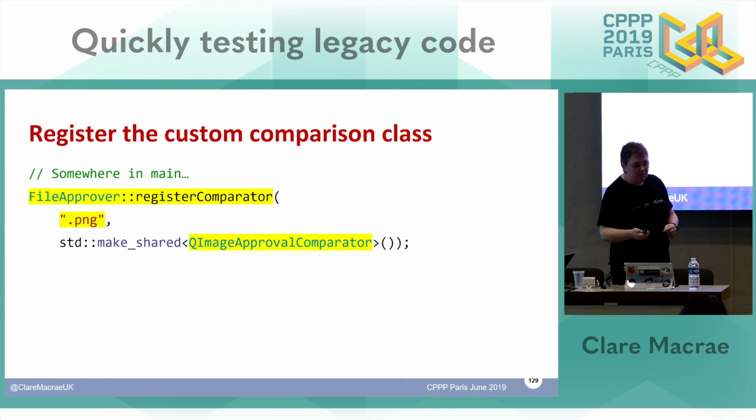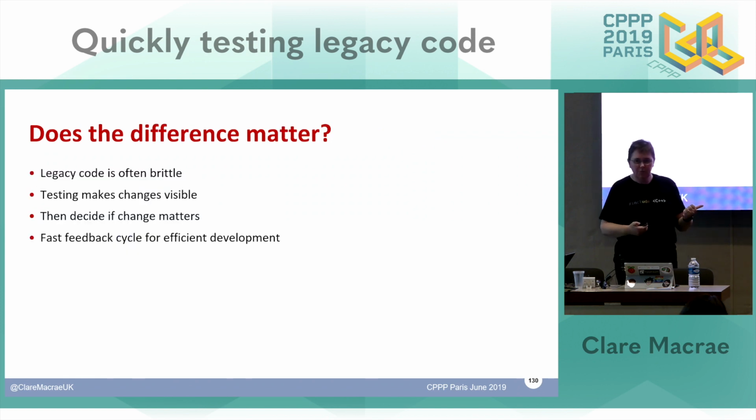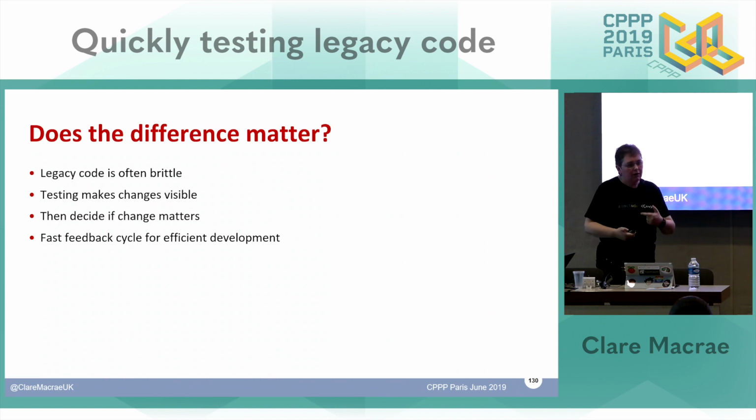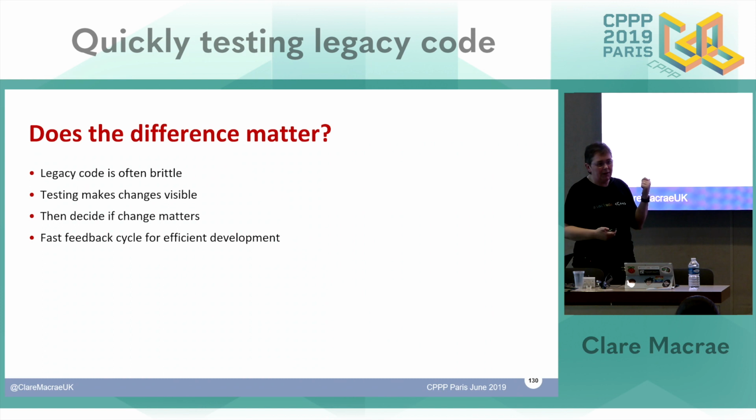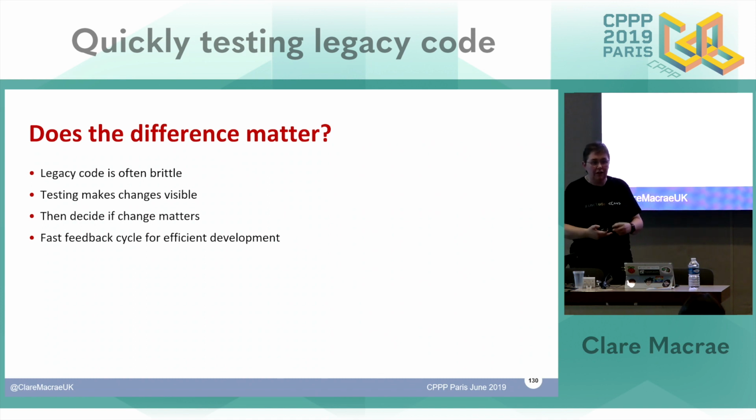I'm going to gloss over this detail in the interest of time. The important thing, when you're working with legacy code, is that it's often brittle. This was new code, and I wasn't expecting any differences to appear. But it's only when you write the tests that you can see the changes, that you make these subtle changes visible. Having seen them, you then need to decide whether any of those changes matters or not, and even if they matter, whether you're going to do anything about them or not.